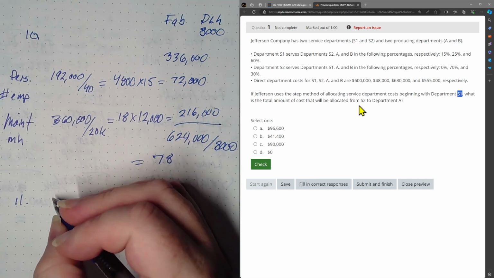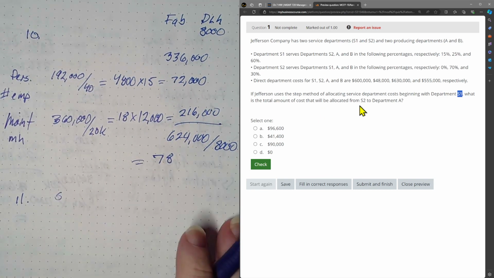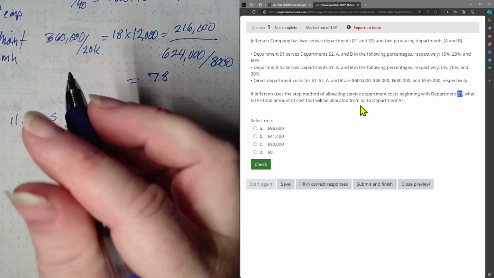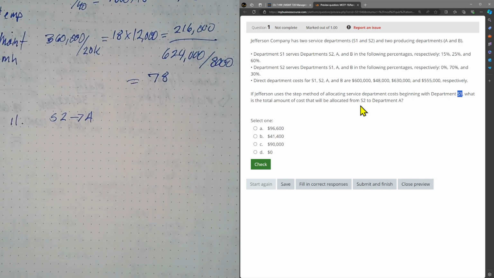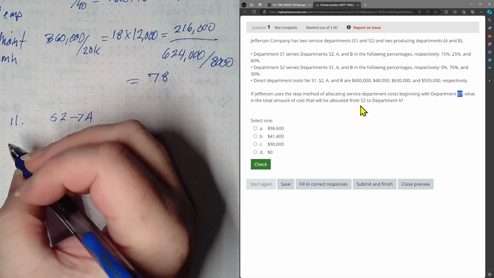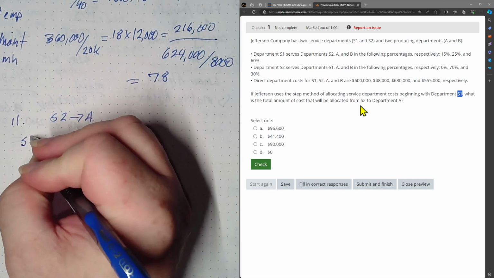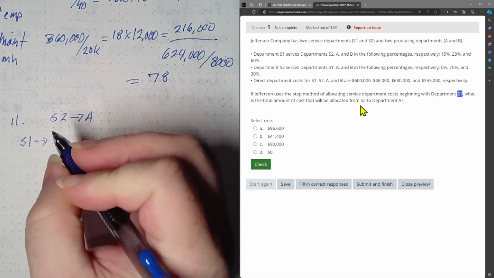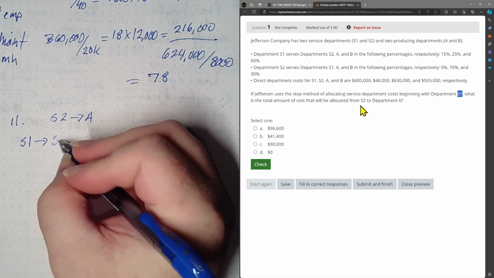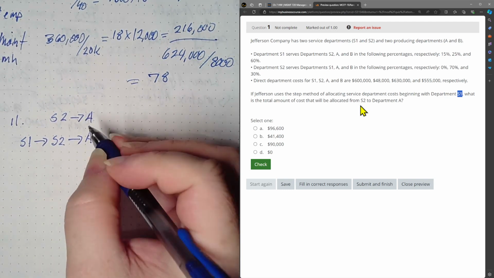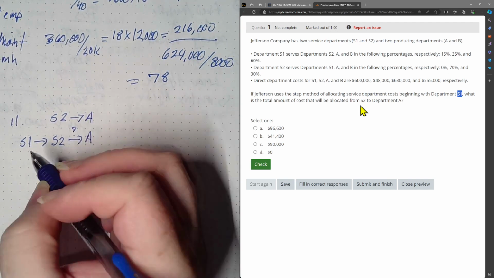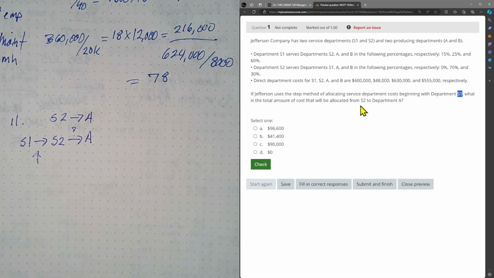So it's asking us how much from S2 to department A. Well, because this is a step method, it's sequential. What we need to do is figure out the cost allocated from S1 to S2, service department 1 to service department 2, and then we can figure out S2 to A. So it's asking what this number is, but we need to do this first.